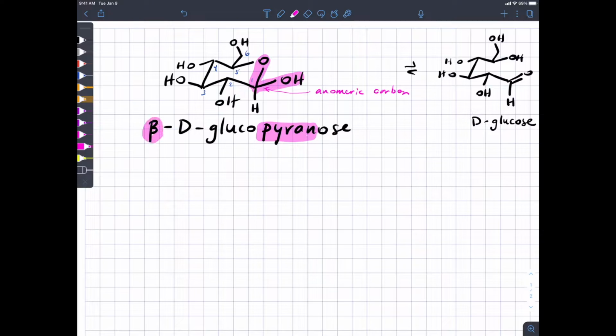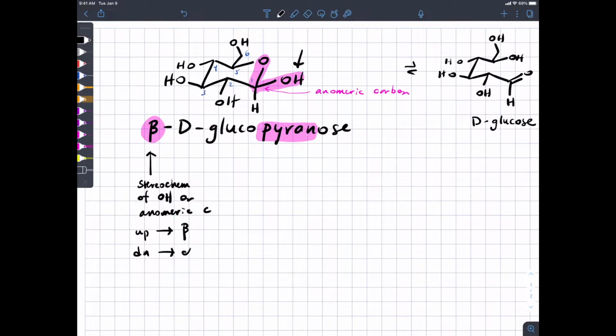So beta refers to the stereochemistry of the OH group on carbon 1, or on the anomeric carbon. If it's up, it's beta, and if it's down, it's alpha.